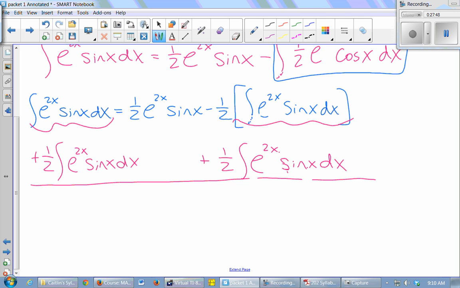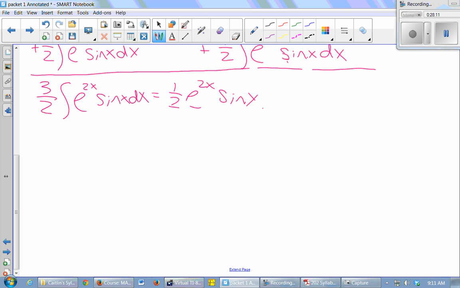Okay, so on the right-hand side, I've still got 1/2 e to the 2x sine x. And over here, I have one integral plus 1/2 of the same integral, which is 3/2 times the integral of e to the 2x sine x dx. And then I could just multiply both sides by 2/3.